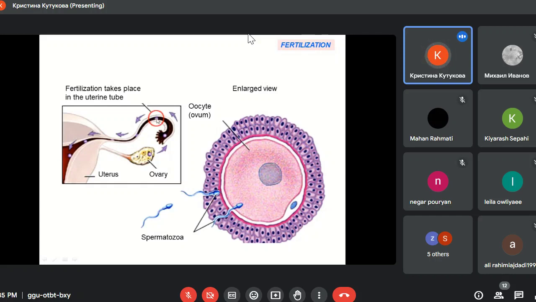I mean the oocyte, which is the egg cell, and spermatozoa. Only one spermatozoon can enter the oocyte, the egg cell, during fertilization, and the nucleus of the spermatozoon and egg cell combine together to make a new organism. The first cell is called zygote.